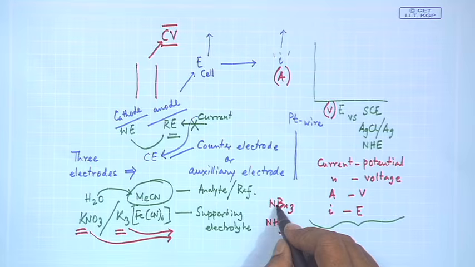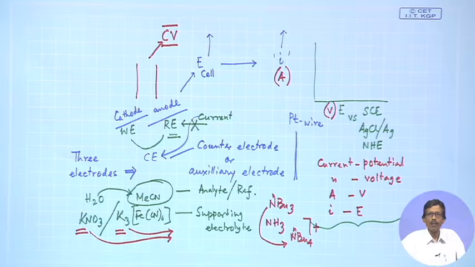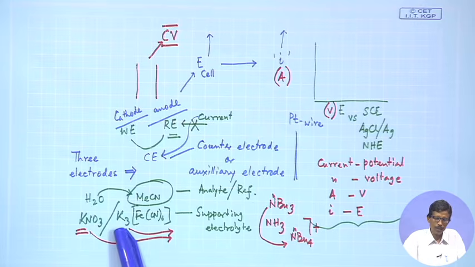Then you can make a cation of it, which is NBu4, normal butyl, which is definitely cationic: the tetrabutylammonium ion. That tetrabutylammonium ion can replace these potassium ions.